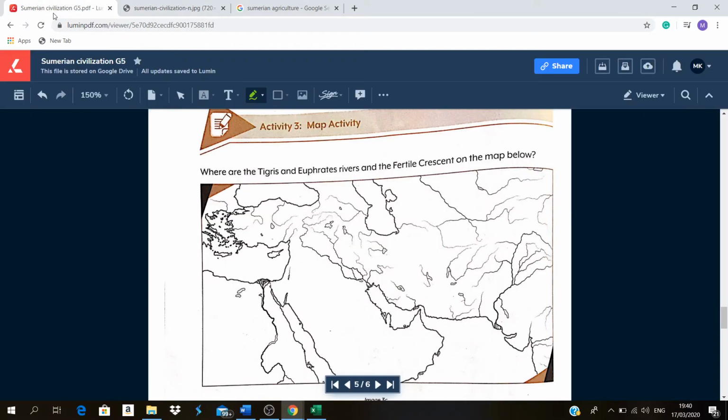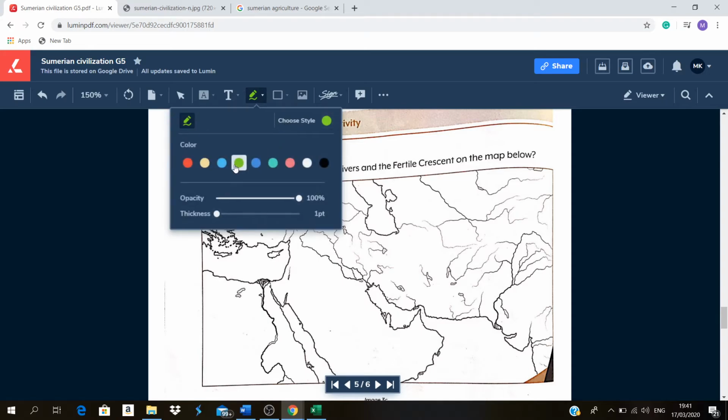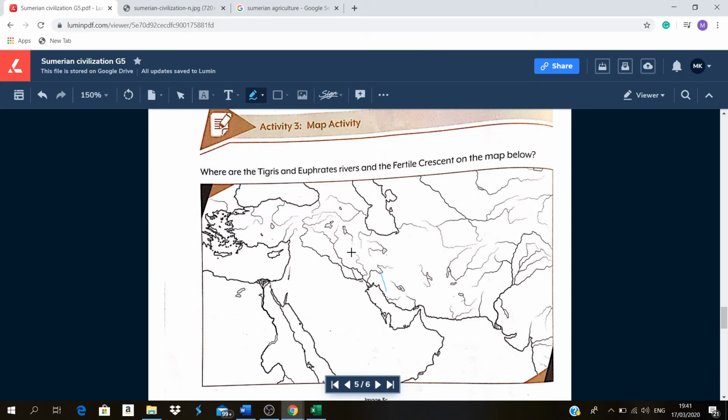Let's draw it in our book. Let me use blue. This is the Fertile Crescent. Let's check it again, okay? The Fertile Crescent, it's like this, and like that.